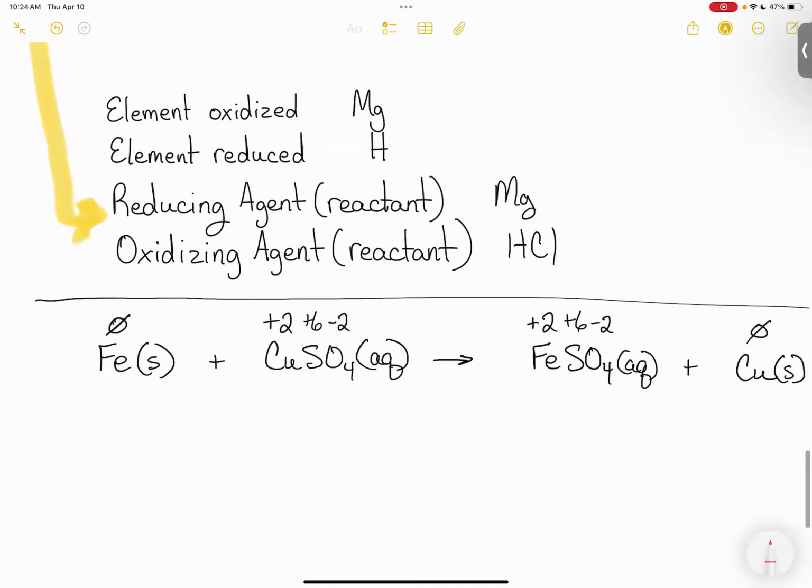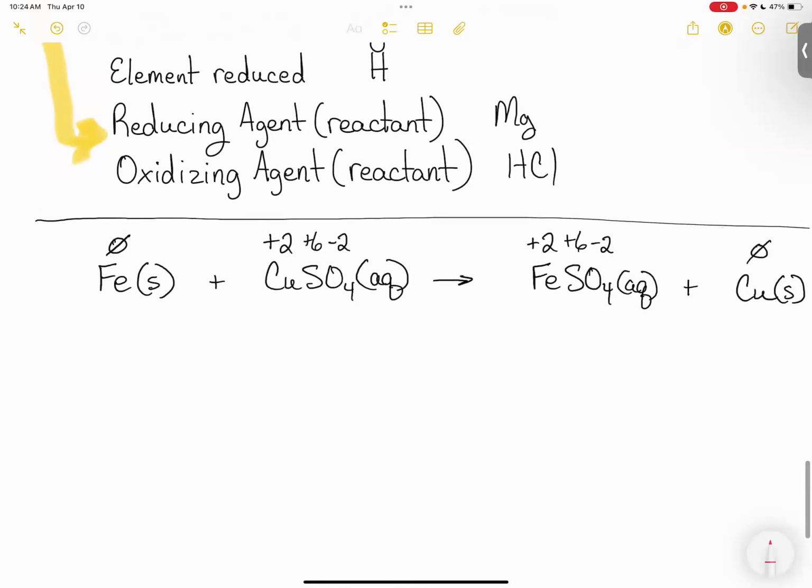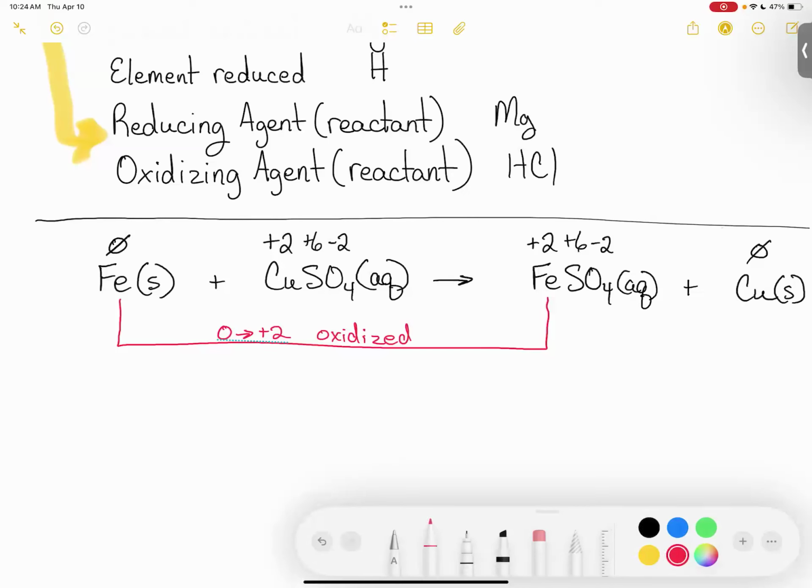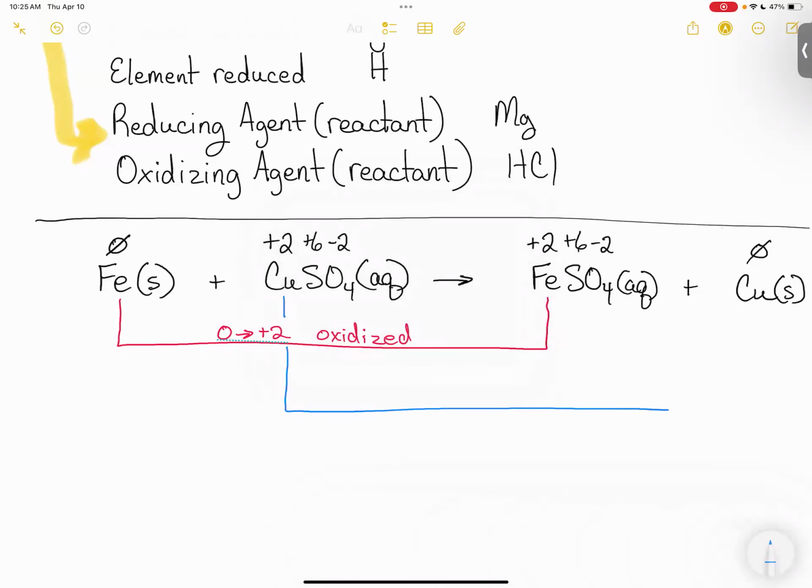My iron went from a 0 to a +2. So it was oxidized. The copper went from a +2 to 0. So it was reduced.